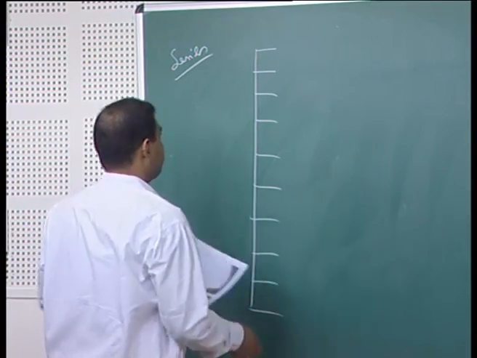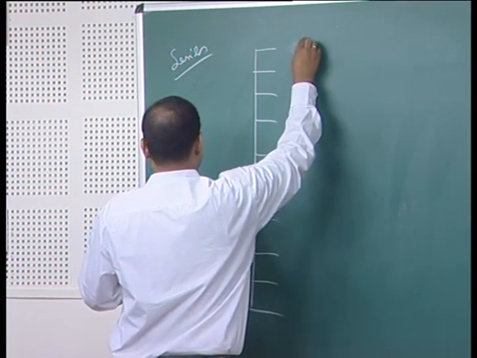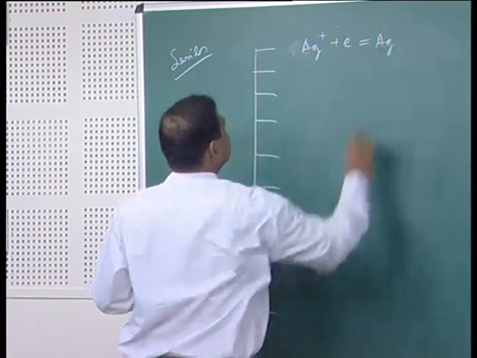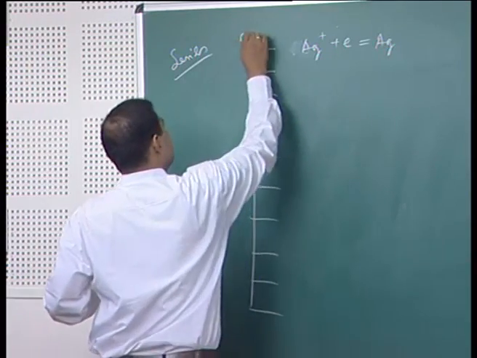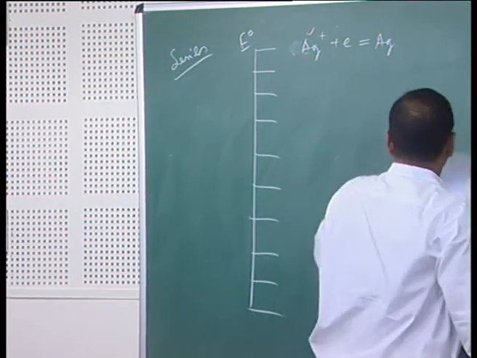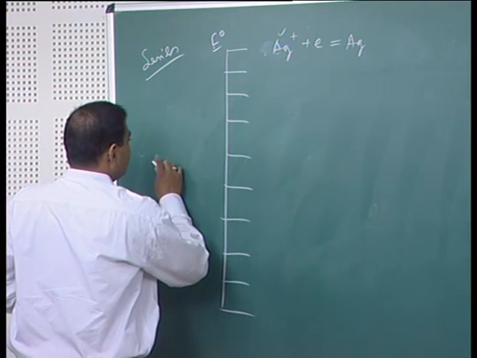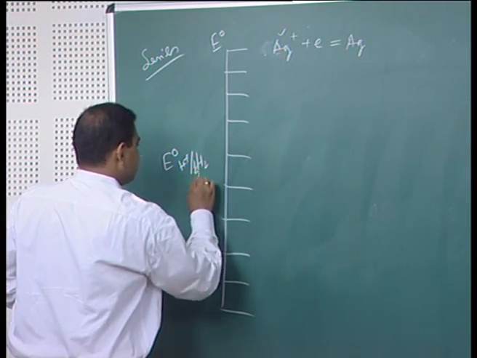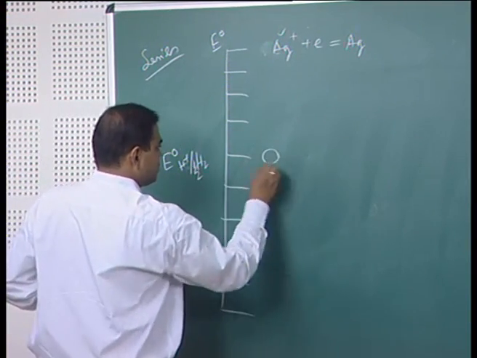Let us say, as we saw in the last class, this reaction: Ag plus plus e equal to Ag. This is a reduction process, and this can be E0 if this is at unit activity, and this is also measured with respect to the hydrogen electrode. Now we have also come to know that one particular value is assigned to the hydrogen electrode, that is nothing but 0 volt.